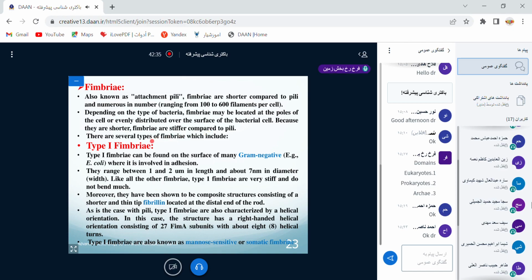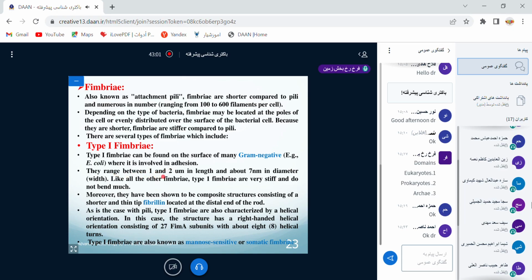There are several types of fimbria, which include type 1 fimbria. Type 1 fimbria can be found on the surface of many gram-negative bacteria, for example coliforms such as E. coli, where it is involved in adhesion.